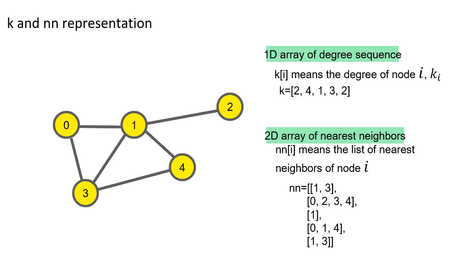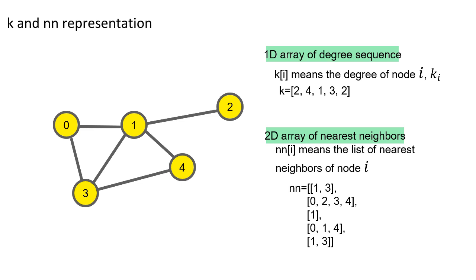So here, the k list represents: the first element, index 0, has degree 2, so you have the value 2 and 1. Index 1 has degree 4, so it has the value 4. And then 1, 3, 2. This list represents the degree list.